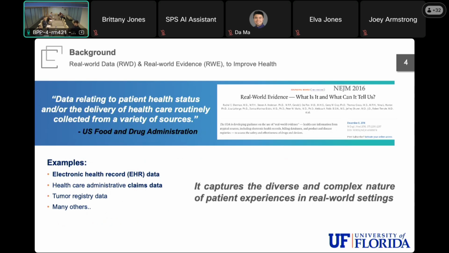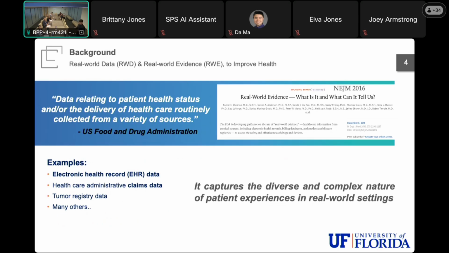Real-world data is used to generate real-world evidence to answer important questions, for example, whether certain medical products are likely to increase or decrease the probability of a specific health outcome. By using this evidence, patients and providers can make more informed decisions about care and treatment.